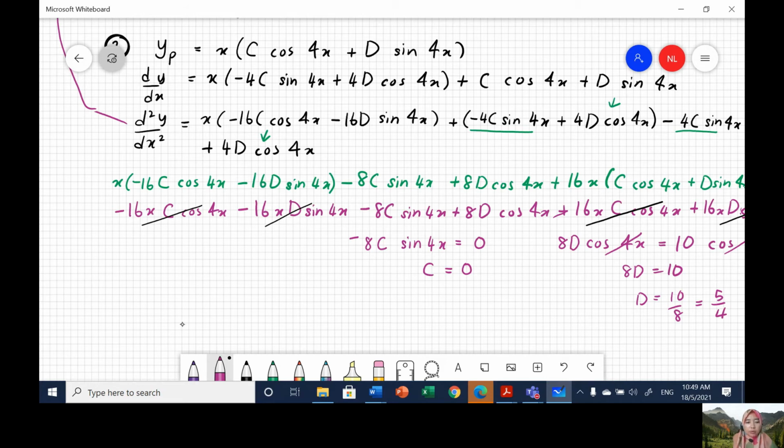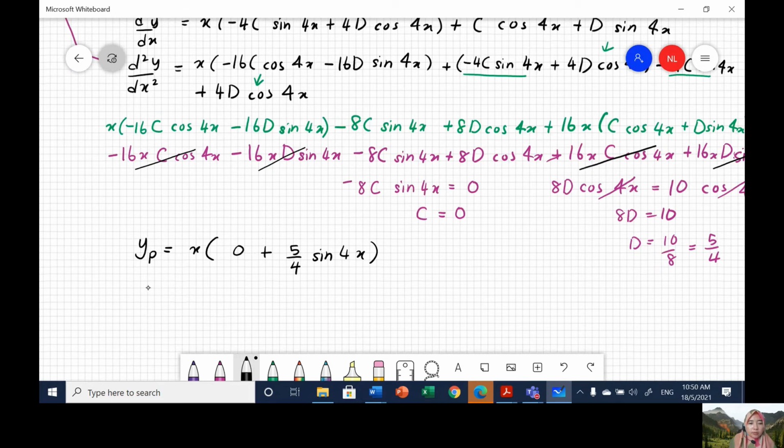Then we substitute c and d values into our yp. So yp is x times, c is 0, so this will be 0 plus d, which is 5 over 4, sine 4x. This can be combined as 5 over 4 x sine 4x.